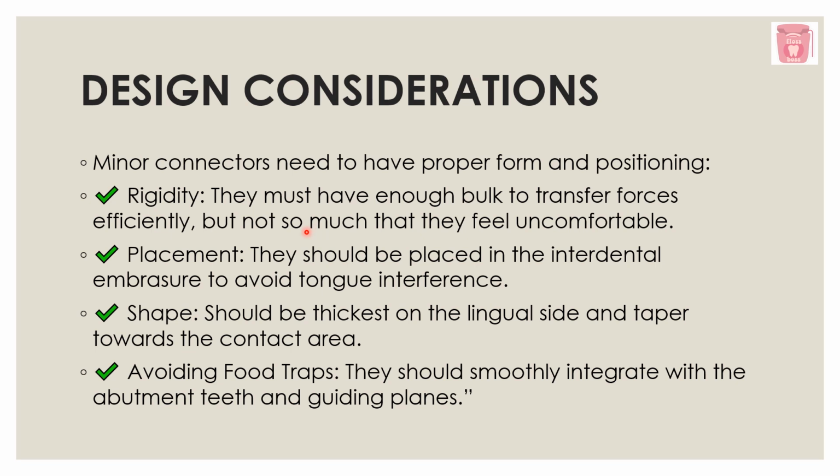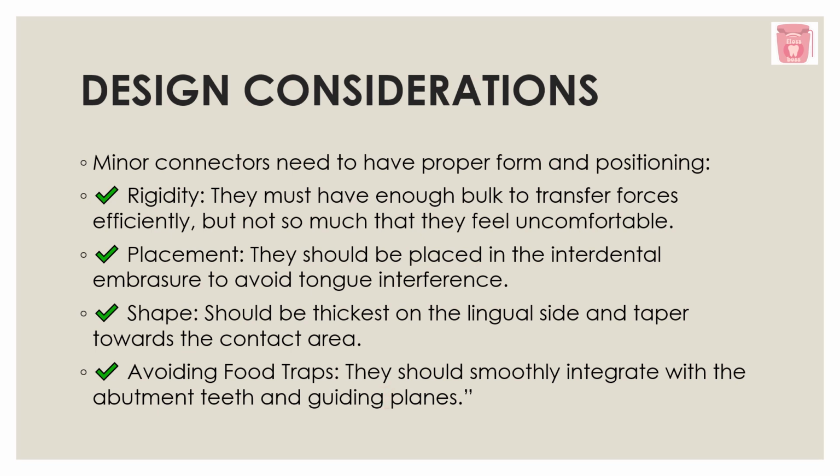Okay. Second is placement. It should be placed in the interdental embrasures to avoid tongue interference. Shape should be thickest on the lingual side and taper toward the contact area. Avoiding food traps, they should smoothly integrate with the abutment teeth and guiding planes.